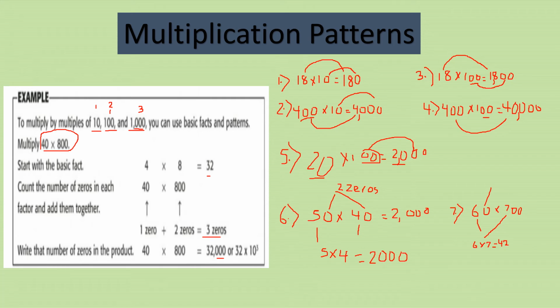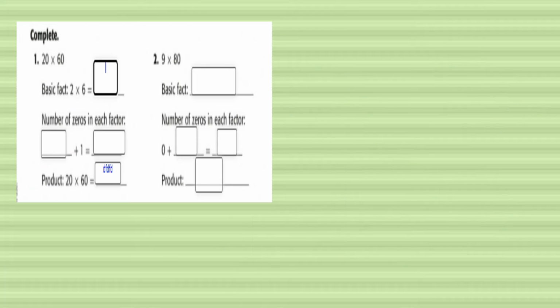And I say 1 and 2 give me 3 zeros, so I'll say 1, 2, 3. So my answer is going to be 42,000. I mean this 700, right? It's about to be 42, 100, right? So it's 42,000. So that's basically it, students, using the same idea with zeros.